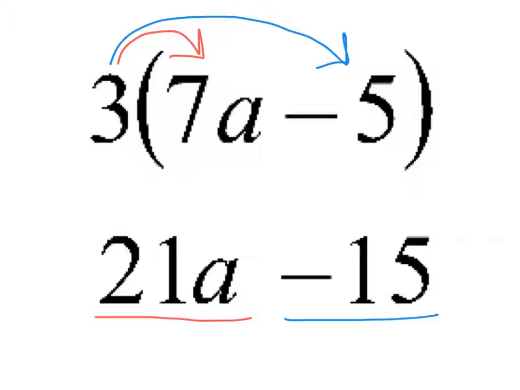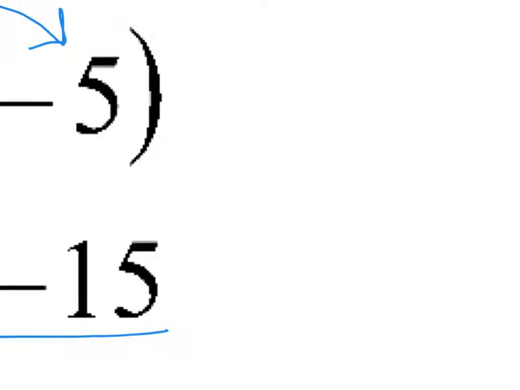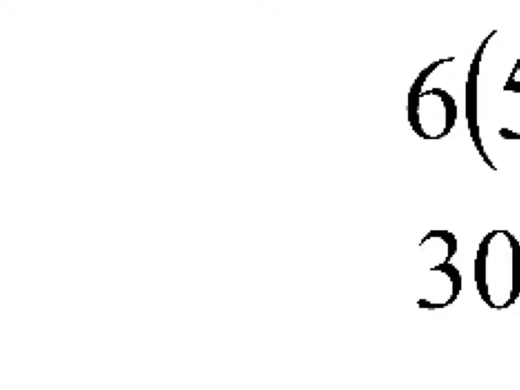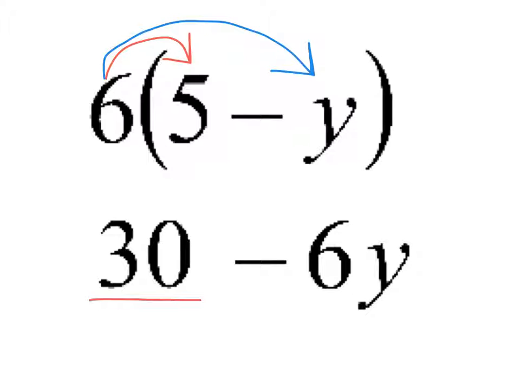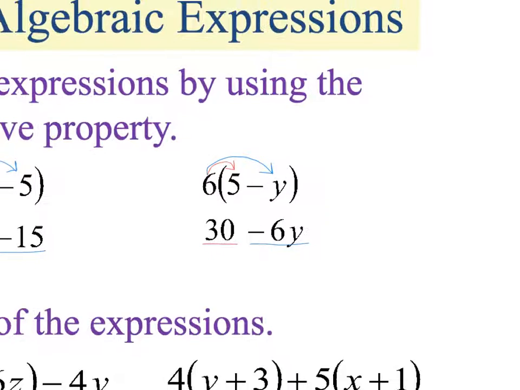So 3 times 7 is going to give us 21a, and 3 times negative 5 is going to give us that negative 15 that we see there. Now we've got one more over here, and again we're going to distribute to both terms inside our parentheses, and 6 times 5 gives us 30, and 6 times negative y gives us our negative 6y right there.